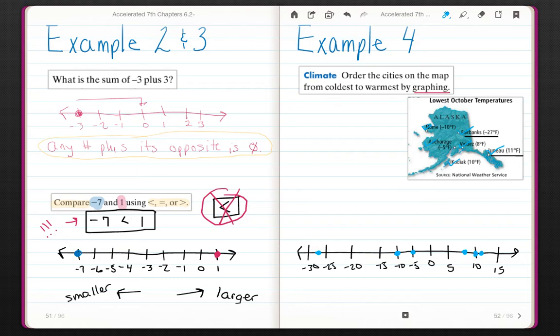Okay, so now I'm going to go ahead and list them from coldest to warmest. I'm going to list the cities because it does tell me to order the cities.